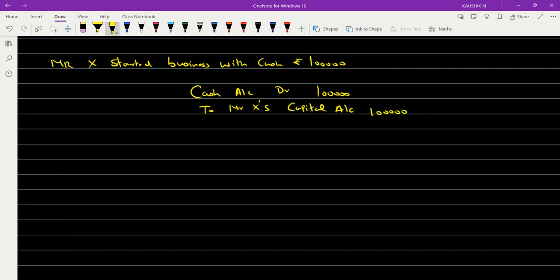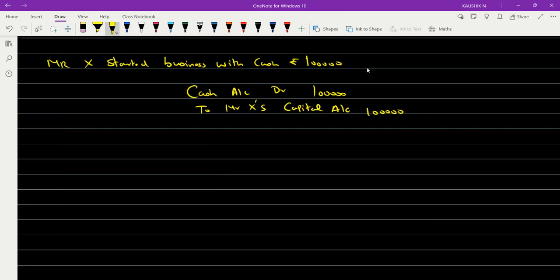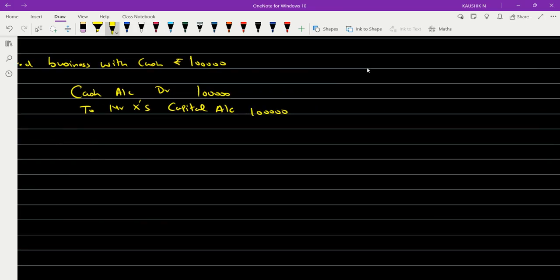This will be the journal. As you know, only two ledgers can be prepared from this journal entry: one is the cash account and the other is Mr. X capital account. So we will see Mr. X capital account.